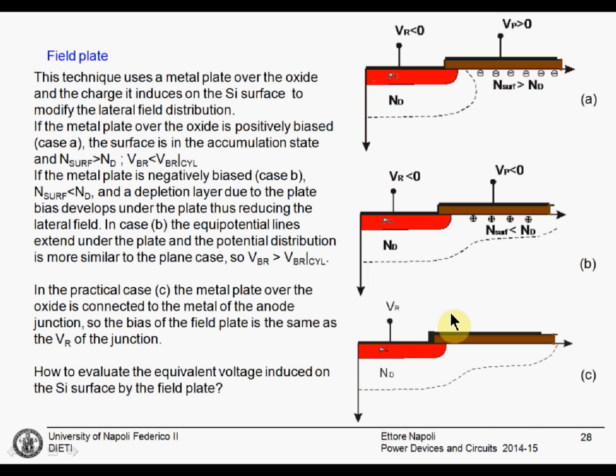The anode contact is extended over the silicon, creating the field plate. The field plate has the same bias as the VR of the junction, but the important point is that a part of the voltage will drop on the silicon dioxide, and the actual voltage that will be seen here is smaller.